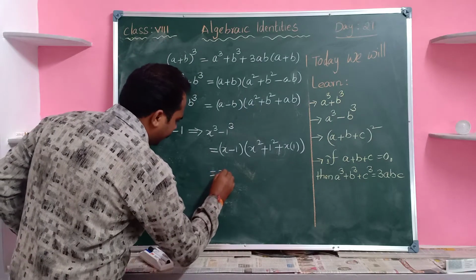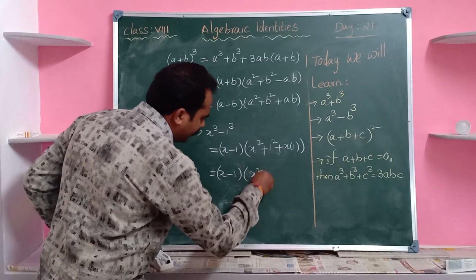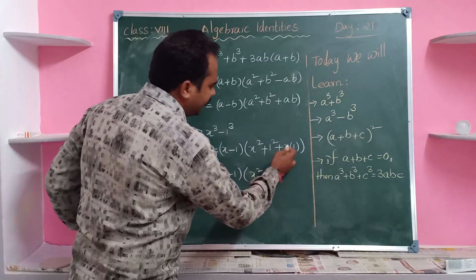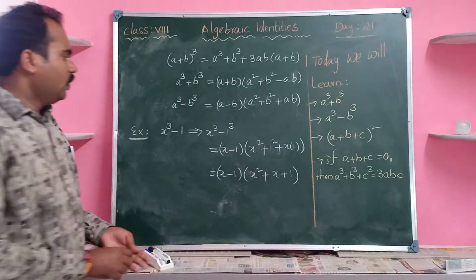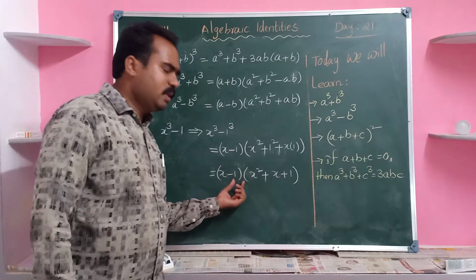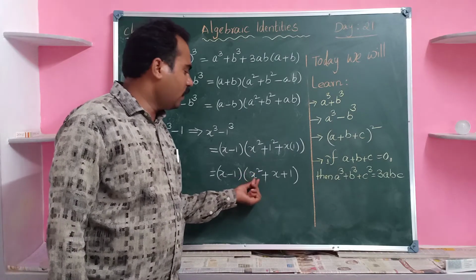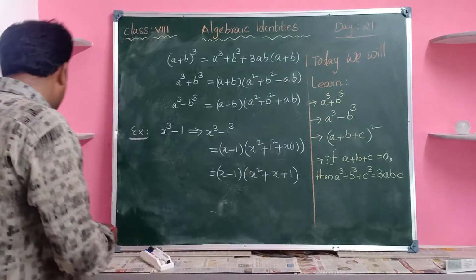That is equal to (x-1)(x^2 + x + 1). So x^3 - 1 is equal to (x-1)(x^2 + x + 1). Next example.